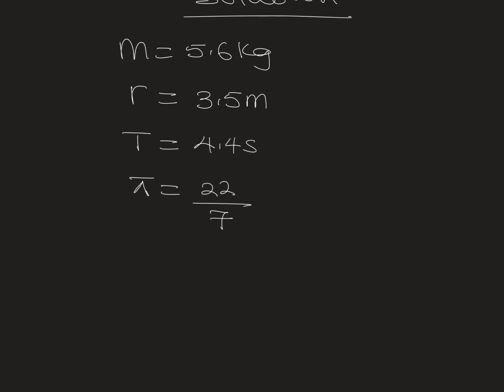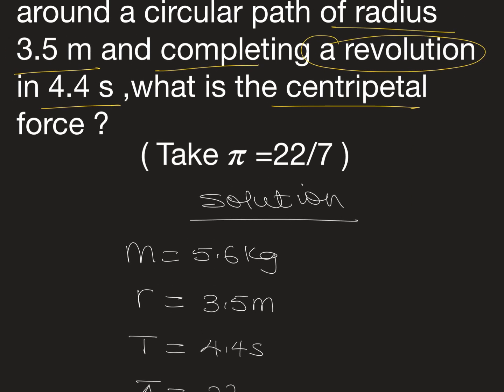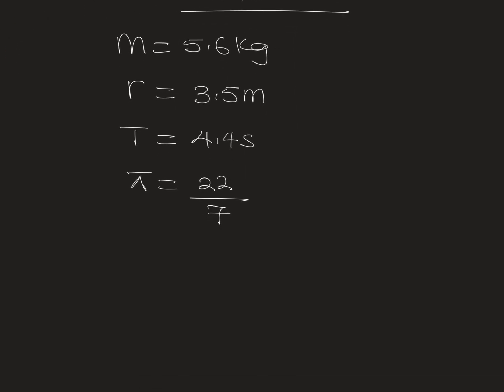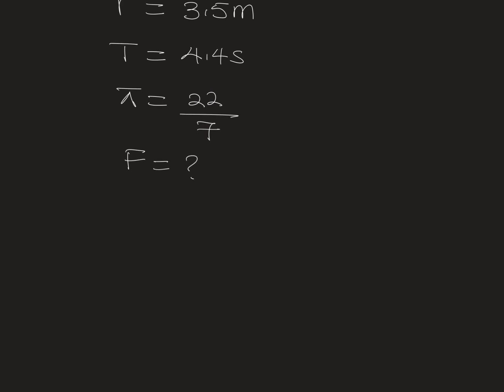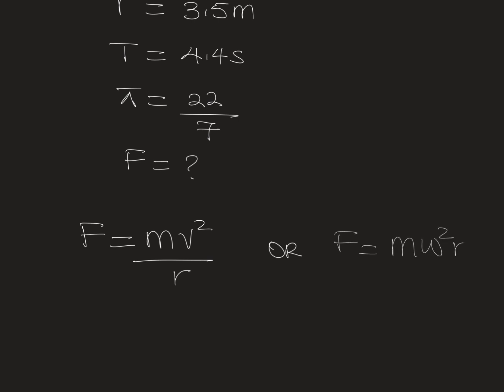So how do we find the centripetal force? To find the centripetal force, we either use F is equal to mv squared divided by r, or F is equal to m omega square r.